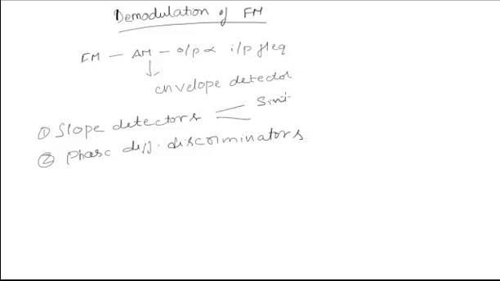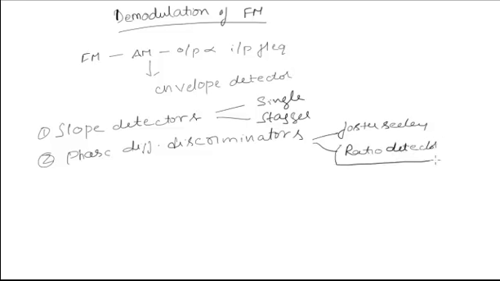One is single tune and the other is stagger tune. In the case of phase difference methods, we follow two different methods. One is the Foster-Seeley method and the other is the ratio detector method. Among all these methods, the ratio detector method is the most widely used.